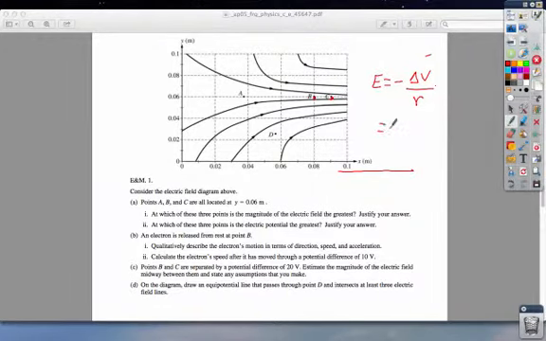So in this case, it's just 20 volts over 0.01 meters, which gives us an answer of 20,000 volts per meter. Now, depending on the direction of our radius here, it's either going to be a positive or negative. It's not 20,000 volts per meter, excuse me, it's 2,000 volts per meter. So either way, we can say it's just 2,000 volts per meter here.